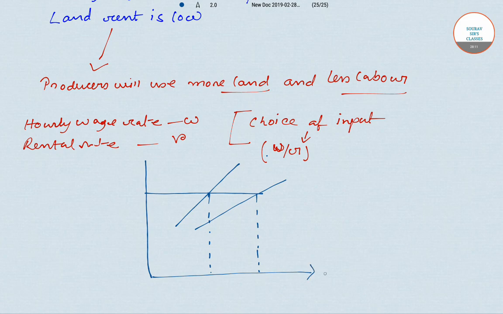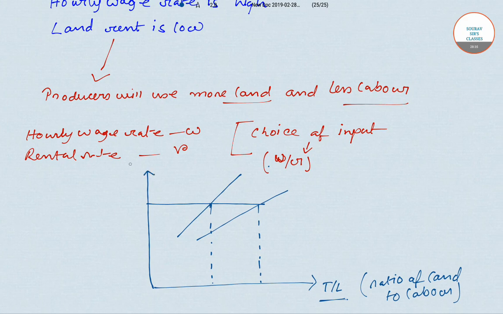We'll take T by L, which is the ratio of land to labor, on the horizontal axis, and we'll take W by R, which is the factor price ratio, on the vertical axis.